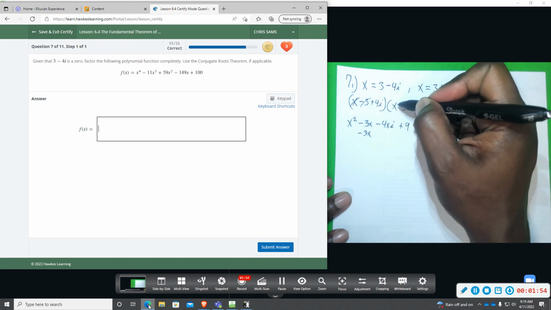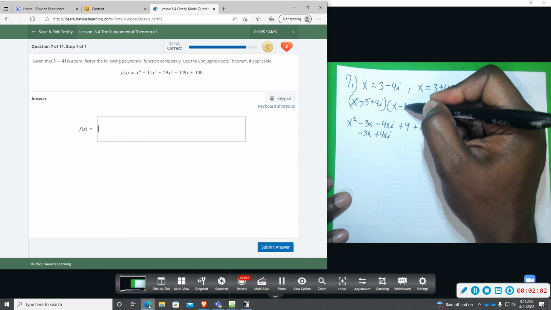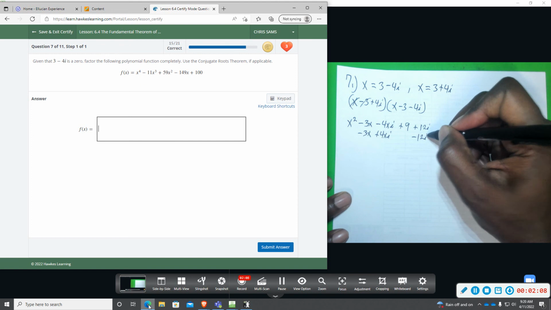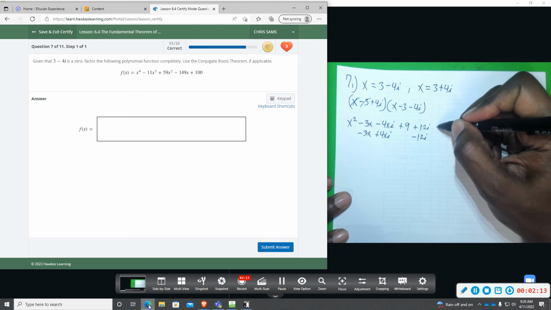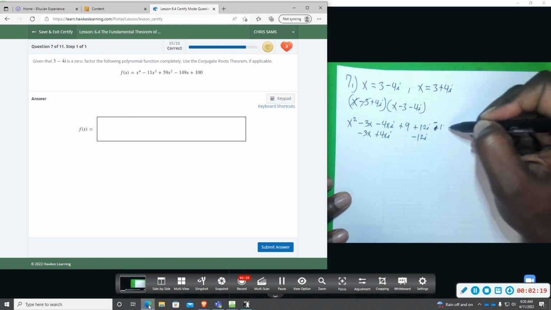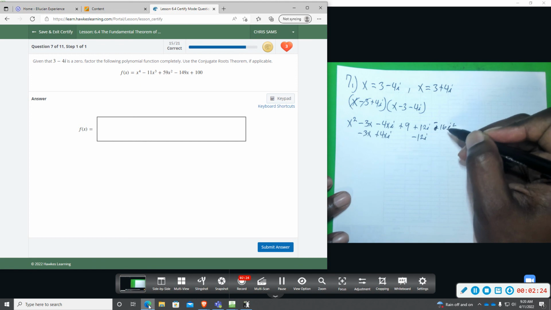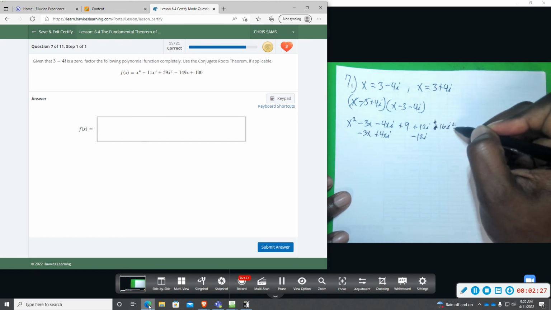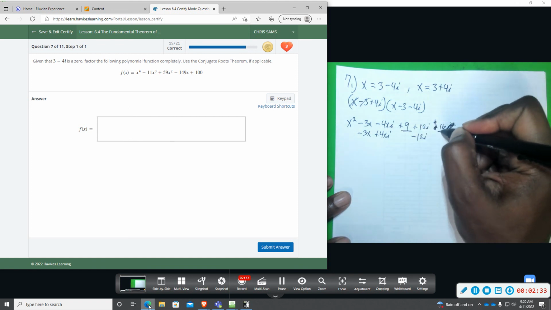And then 4i times x is going to be positive 4xi. 4i times negative 3 is going to give us a negative 12i. 4i times negative 4i, positive 16. No, that's a negative, sorry. Negative 16i squared. Now remember, i squared is a negative 1. Negative times a negative, so this will become positive, and so we have a number and number that we will combine.